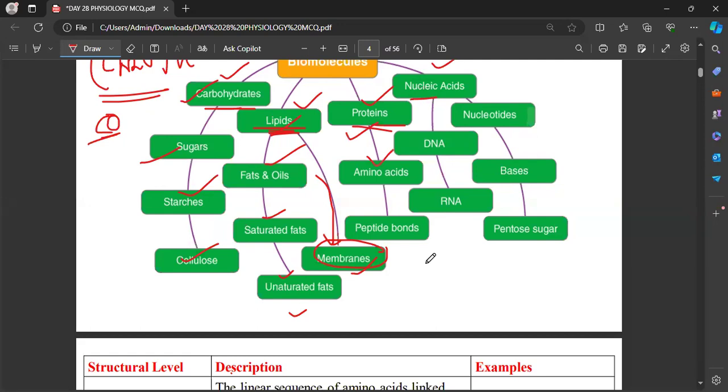How many amino acids are present in the world, or we can say on the earth? Is it only 20? Is it 21?